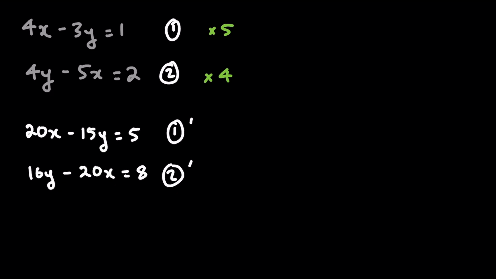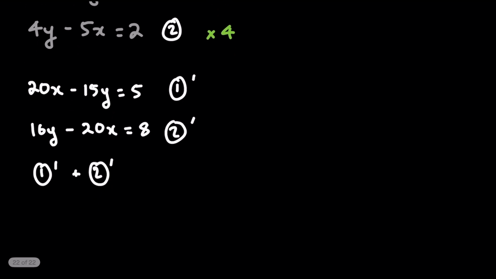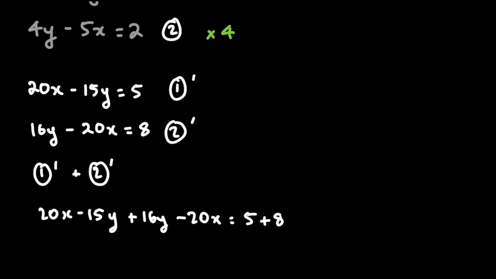Now I can try and eliminate my x's. I can see that 20x plus minus 20x is going to equal 0. So I'm simply going to do the operation 1 prime plus 2 prime. And so what I have left is 20x minus 15y plus 16y minus 20x equals 5 plus 8.